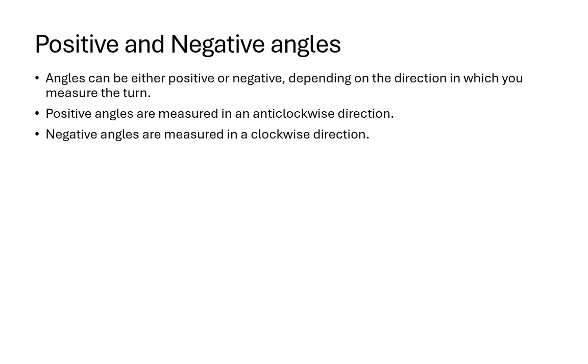Angles can be either positive or negative depending on which direction you measure the turn. Positive angles are measured in an anti-clockwise direction, while negative angles are measured in the clockwise direction. An example: we have a circle here, and suppose this is the half of this.